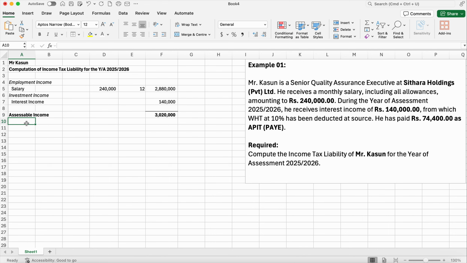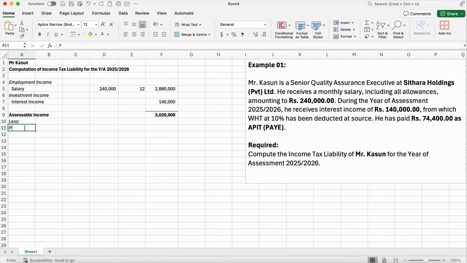After taking the assessable income, we can deduct based on this scenario. I'm not going to complicate things by telling you all the qualifying payments and reliefs. Based on this scenario, he has only personal tax relief.